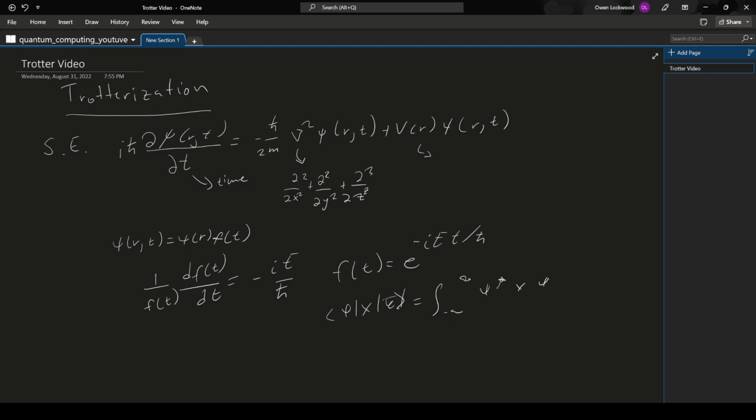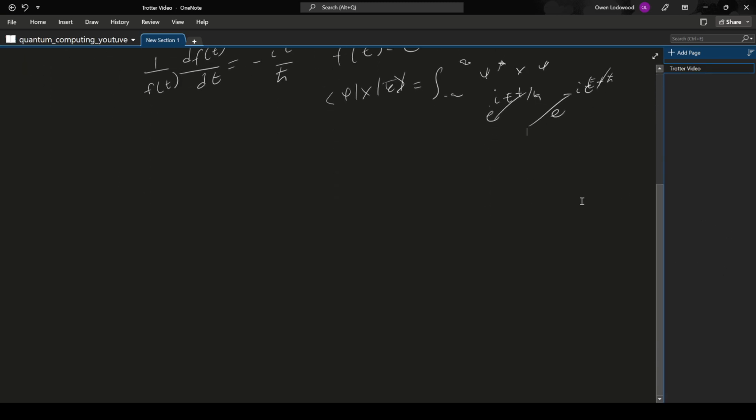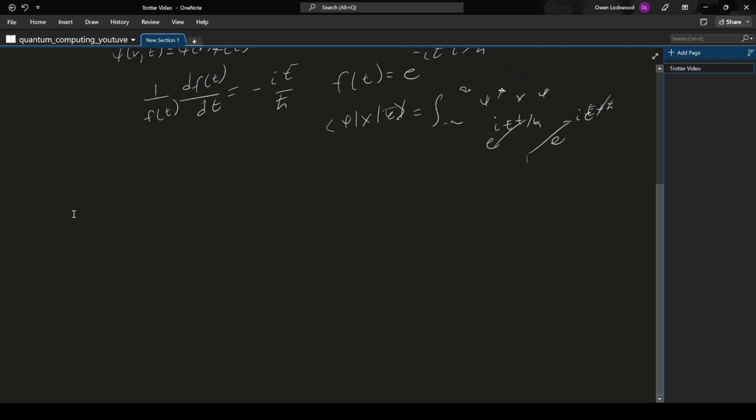Well, these are going to cancel because you'll have e to the i E t over h bar and e to the negative i E t over h bar, and this is going to become 1. So it's nice to see that the solution is of that form because it cancels out in a lot of these applications. Anyway, let's get back into the Schrodinger equation.